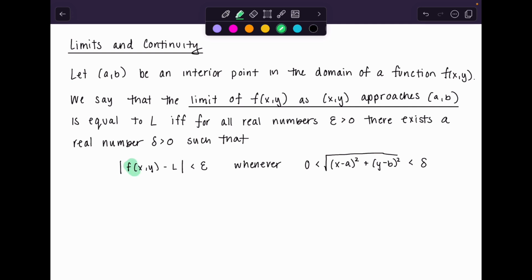So again, I can make my output arbitrarily close to the limit L whenever my input is close enough to the thing I'm taking the limit of. So (x, y) is approaching (a, b). I'm making that difference or that distance between those as small as I want.